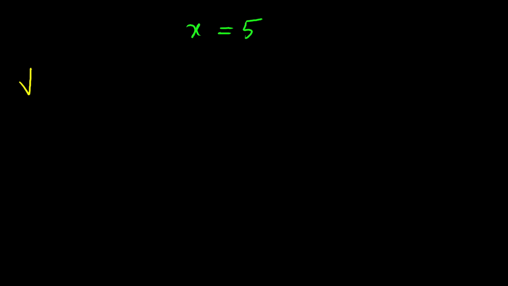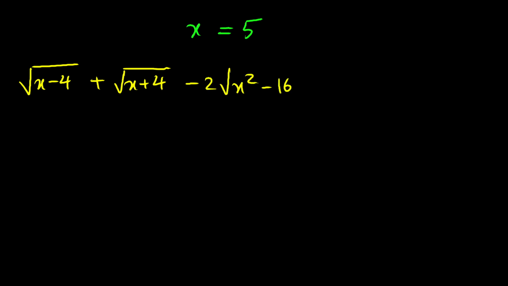So we had the square root of x minus 4 plus the square root of x plus 4 minus 2 times the square root of x squared minus 16, and this equals 2x minus 12.